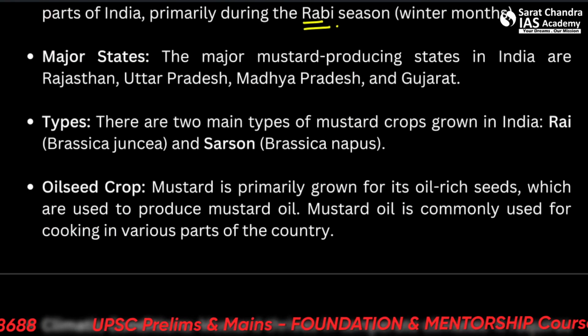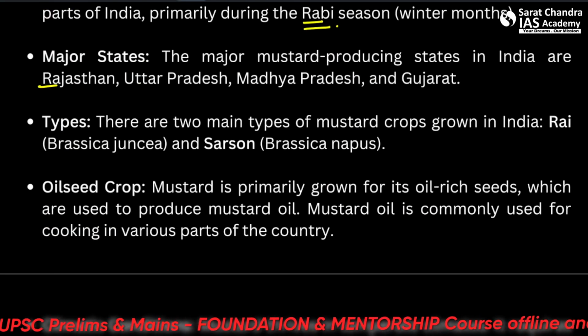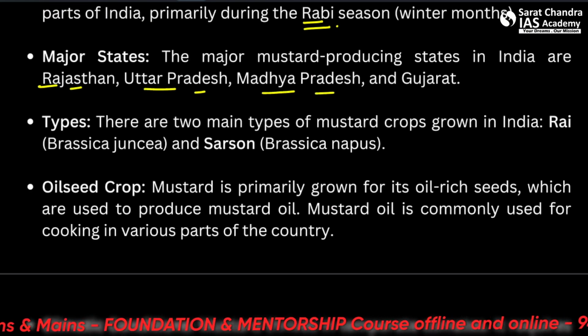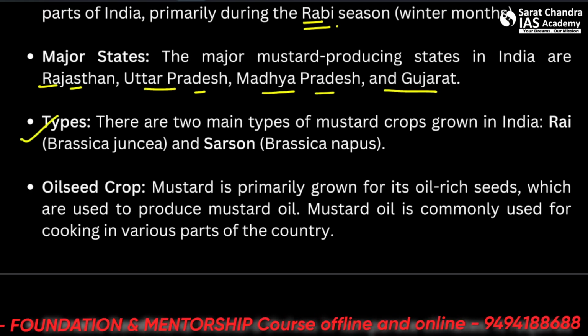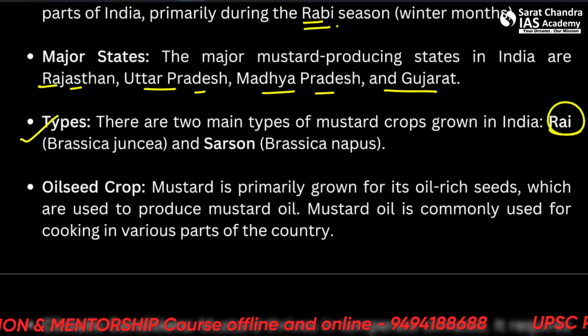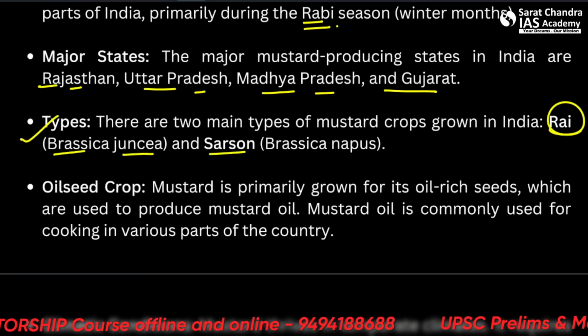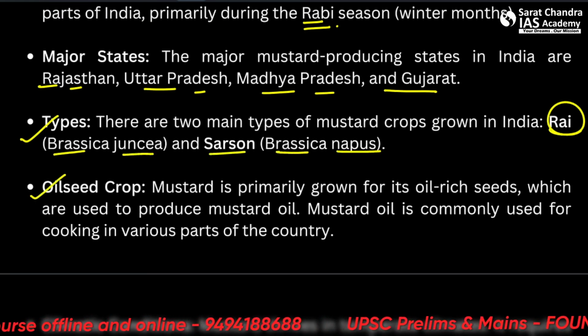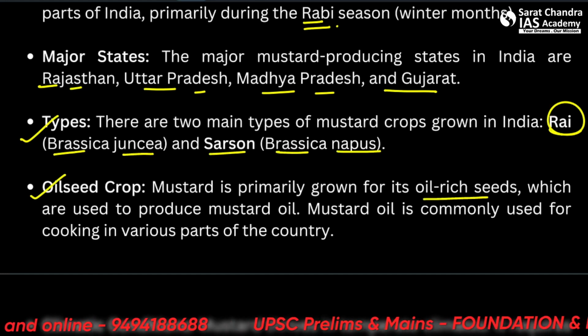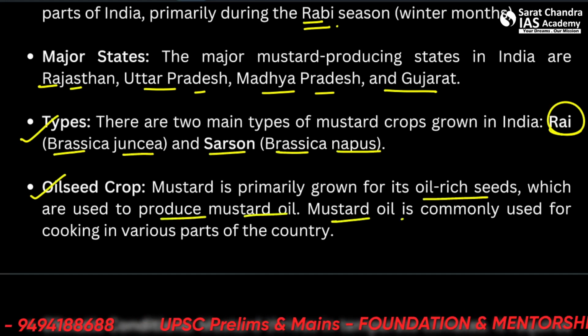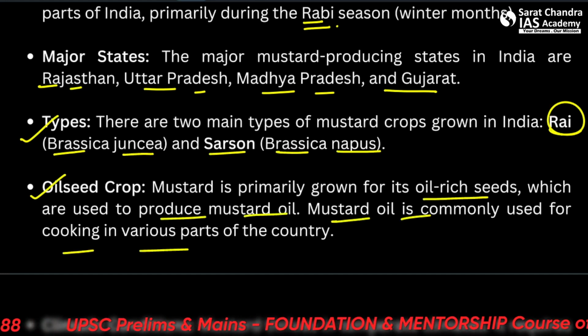The major states that produce mustard in India are Rajasthan, Uttar Pradesh, Madhya Pradesh, and Gujarat. There are two types of mustard crops grown in India: rai, Brassica juncea, and sarson, Brassica napus. Mustard is primarily grown for its oil-rich seeds, which are used to produce mustard oil, commonly used for cooking in various parts of the country.